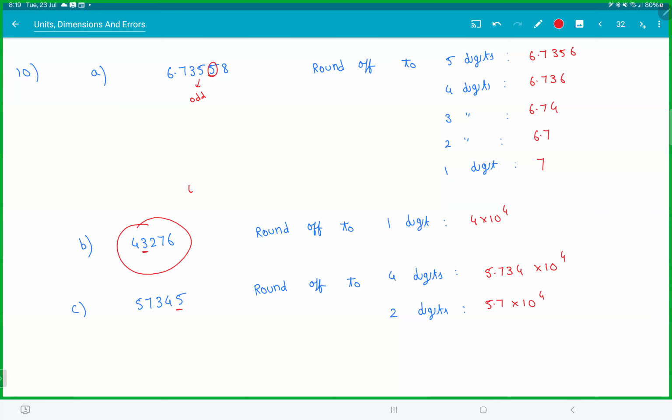What do you do with it? People will think 4. How can 40,000 become 4? What kind of error is that? The meaning of this is someone is using a scale so bad, it can be anywhere between 45,000 and 35,000. Something of that sort. But anyway, this thing has 5 significant figures. But if you put this value in a computer which can measure only one digit, this is what it will think. Clear, everyone?